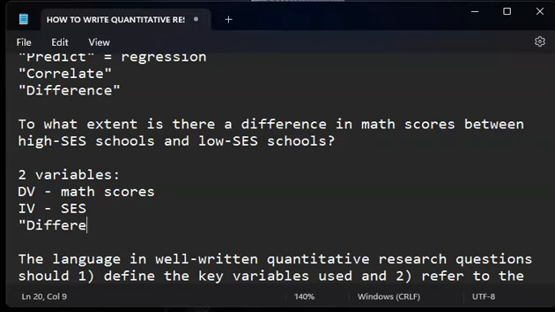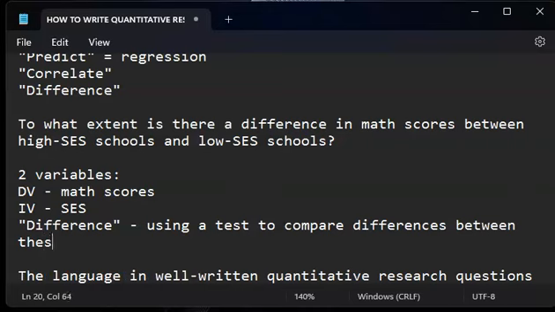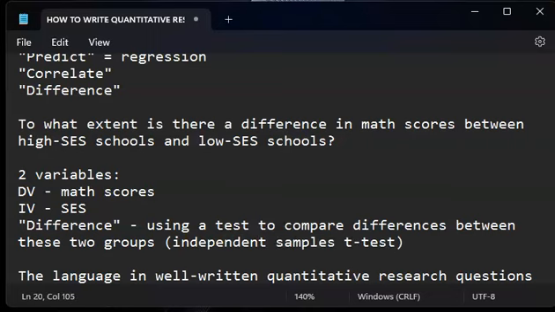The term difference suggests I'm using a test to compare differences between these two groups, which I know to be an independent samples t-test. There are some other options too, but that one is going to be the best for this research question. Again, the specifics of what statistical tests to choose are well beyond the scope of this course.